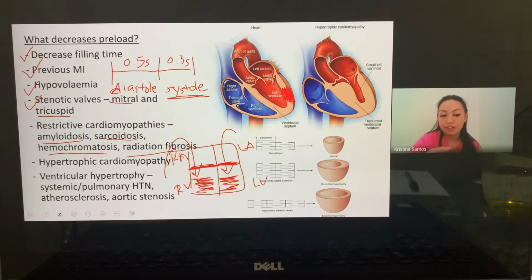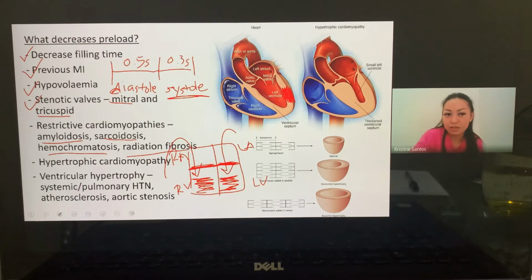So in restrictive cardiomyopathies, we have these depositions of whatever material, like amylin or iron, which makes the heart non-stretchable. These infiltrations of random stuff in the heart make the heart not want to expand so much. So if it doesn't want to expand so much, it's not going to fill so much.